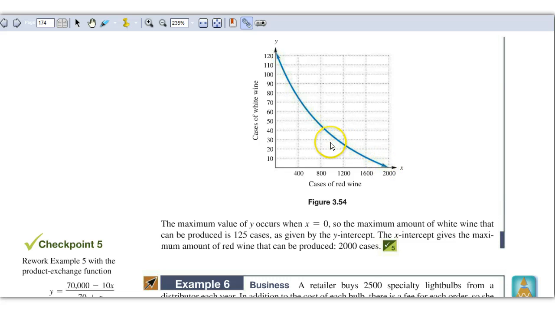So, for instance, if you wanted 800 cases of red wine, how many white wine could you produce? So you go up here, and then you go over, and it looks like about 45. So you can pick out various things by looking at your graph.